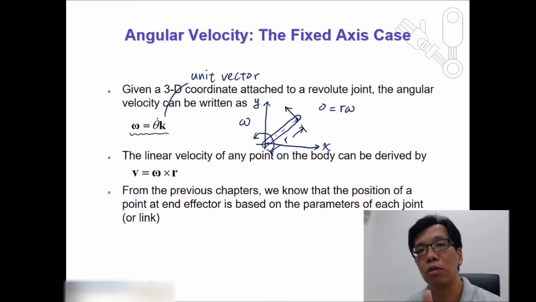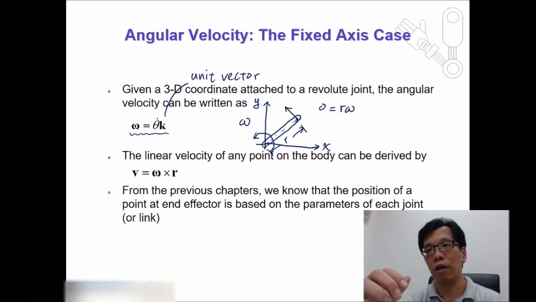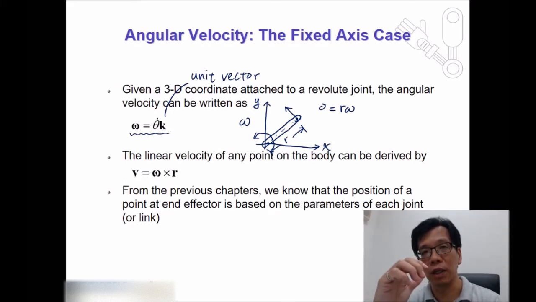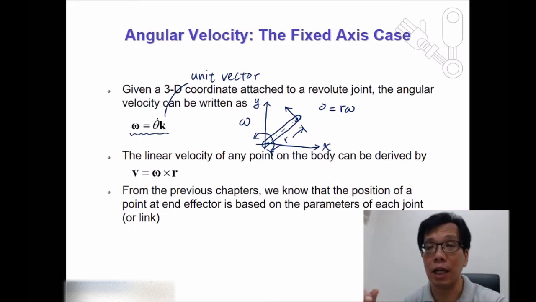In the two-dimensional case, the angular velocity, following the right-hand rule, pointing out of the paper is positive. If it's pointing in, it is negative. Pointing out is counterclockwise, and pointing in is clockwise. That is the right-hand rule we learned in dynamics.